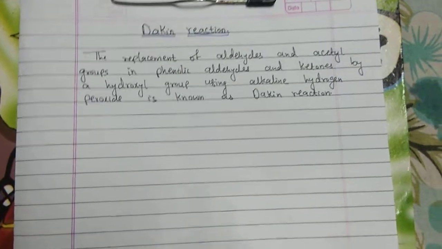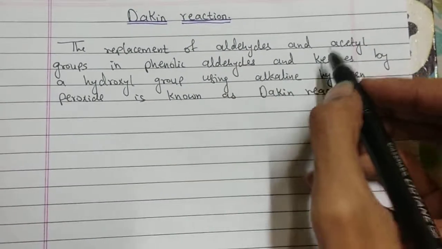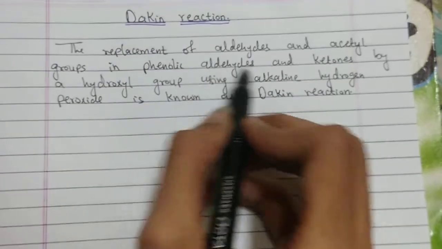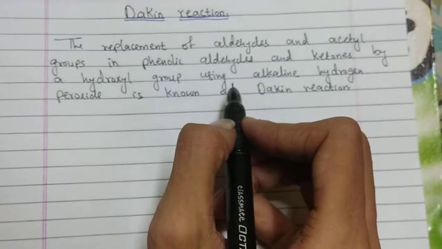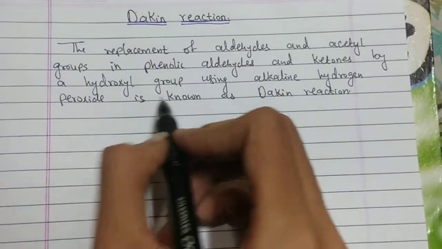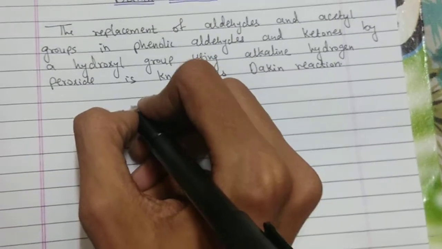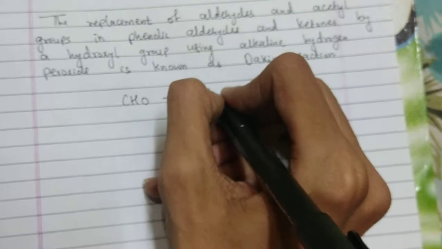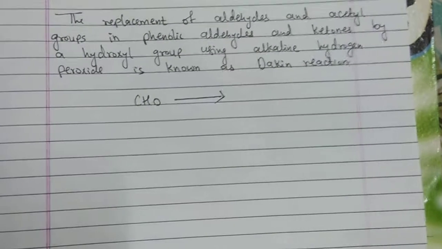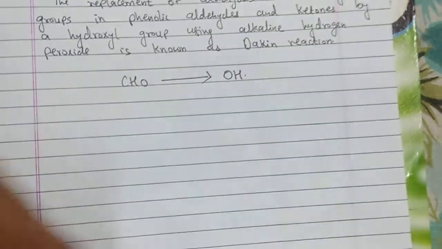Okay, so let us read it once. So it is the replacement of aldehydes and acetyl groups in phenolic aldehydes and ketones by a hydroxyl group using alkaline hydrogen peroxide is known as Dakin reaction. So whenever we have an aldehyde group, like we have CHO in its phenolic form, then that CHO will get converted into OH.